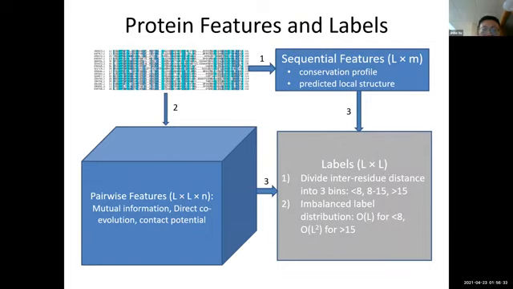This slide shows you the input and output, as I mentioned before. We have a multiple sequence alignment here, from which we can get two kinds of features. One is sequential features, like the sequence profile and the predicted local structure. The other is pairwise features, like mutual information. Then we feed them into the convolutional network to get the contact prediction.